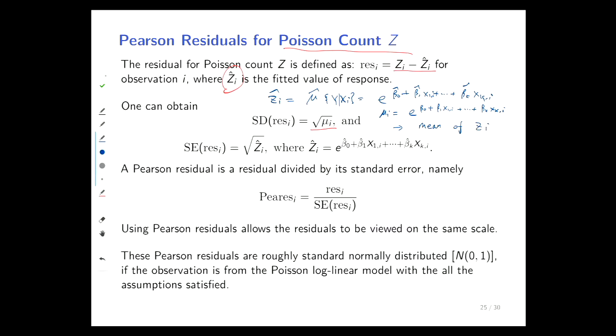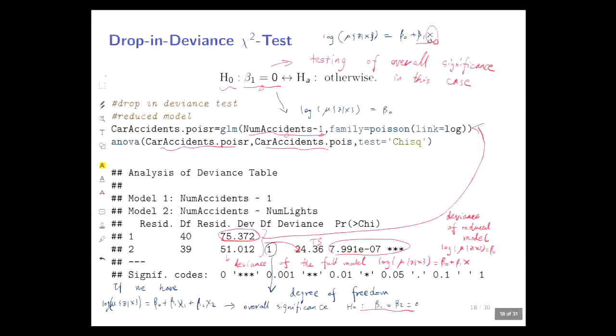So why do we have this result? This is from zi following the Poisson distribution with the parameter mu i. It's the Poisson distribution assumption. If we have this result, we can compute, if you still remember, the mean of zi, which equals mu i. So how to compute the mean? I have already mentioned it earlier.